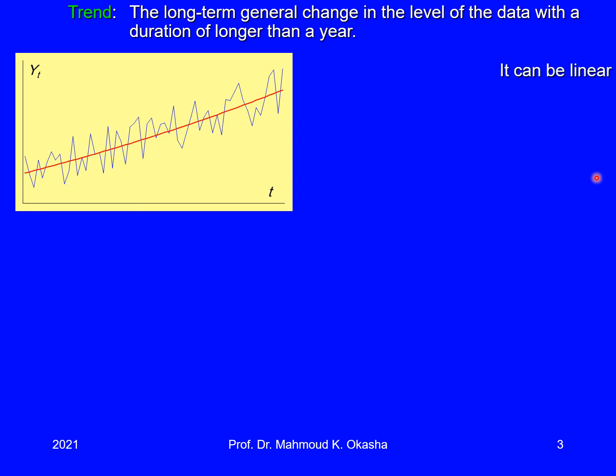It can be a straight line or a curve, but most probably it will be a straight line, and it can be represented as a first degree equation, like a regression equation, where yt equals a plus bt.